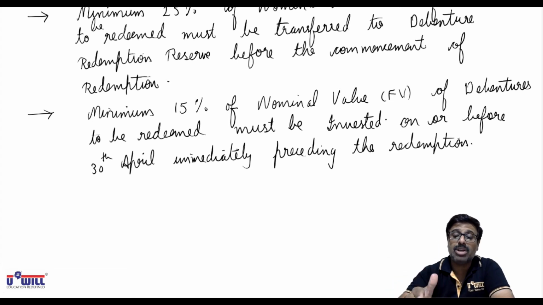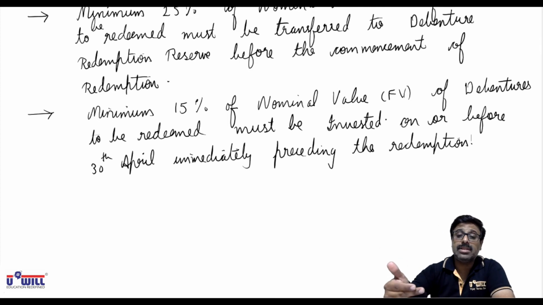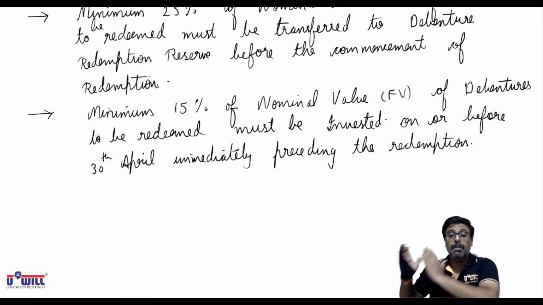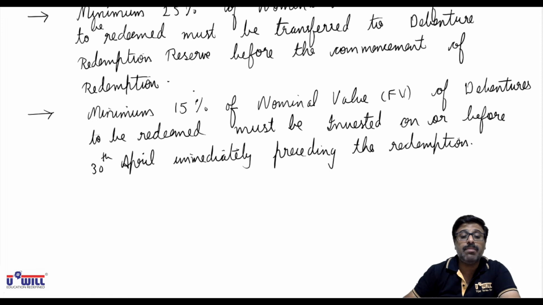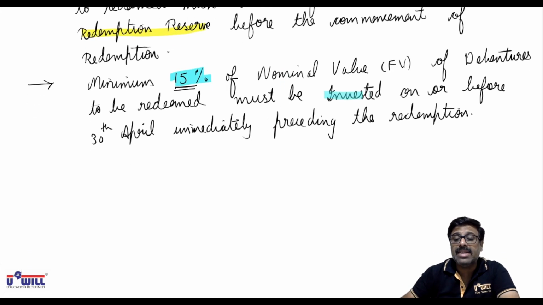So before you redeem the debentures, by whichever 30th April falls before the redemption, minimum 15% of your nominal value you must have invested. So this is important. 25% amount must be transferred to debenture redemption reserve, and minimum 15% of the nominal value must be invested, and that too by 30th April latest, before the redemption begins.